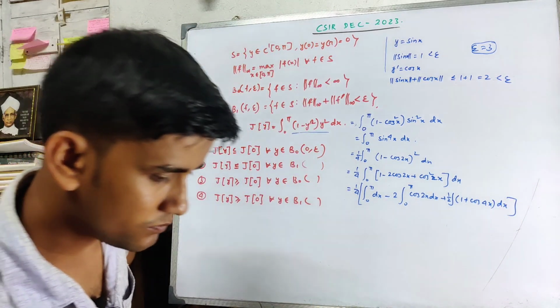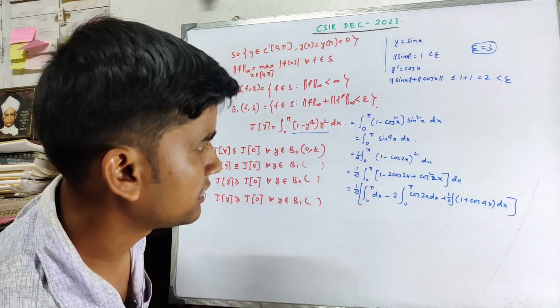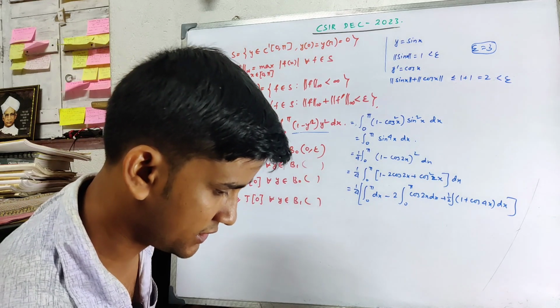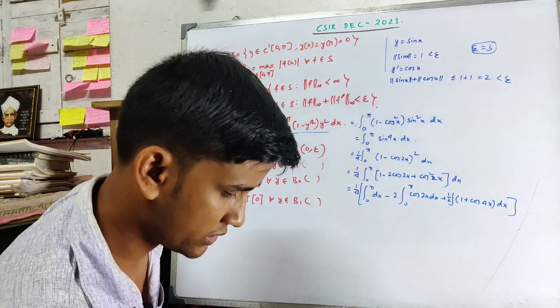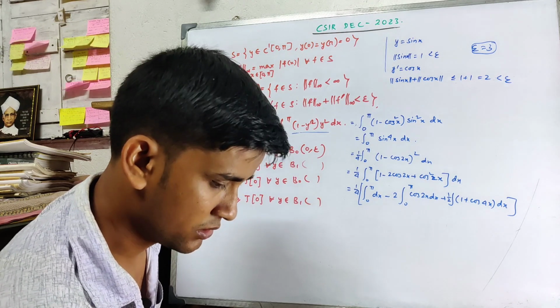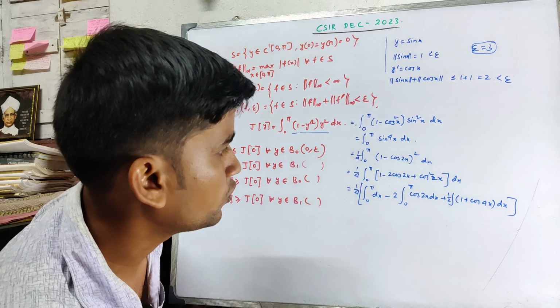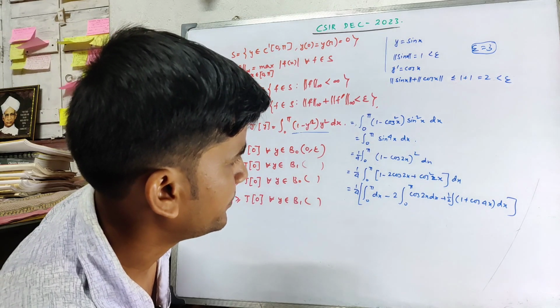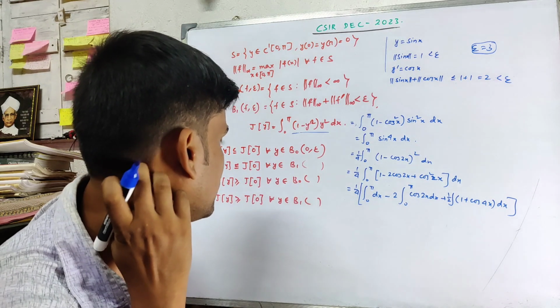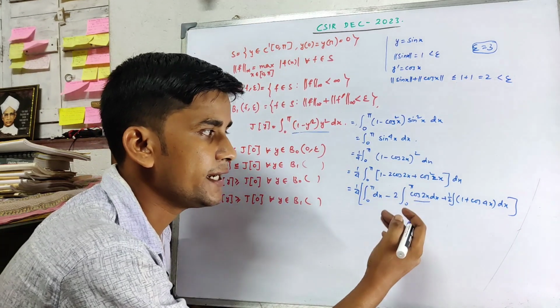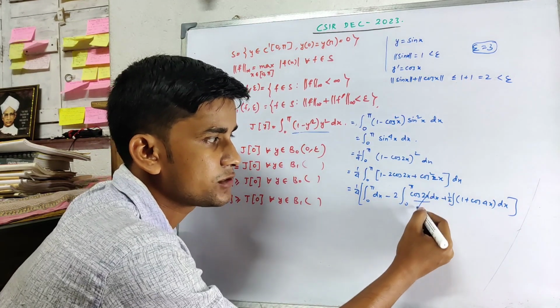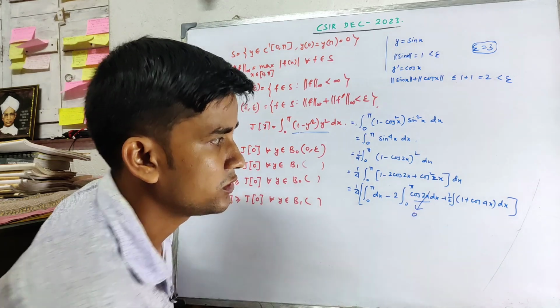So now this is cos 2x. Now integration 0 to pi cos 2x means sin 2x by 2, and at both limits this goes to 0.